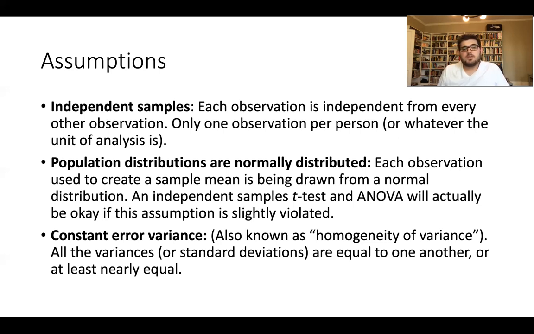So you wouldn't want to just use the normal t-test or normal ANOVA if you know that some of your groups are very narrow in the way they're distributed, low variance, and some groups have high variance. You'd want to use a different test.